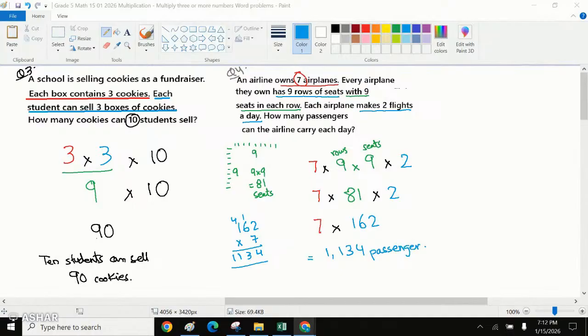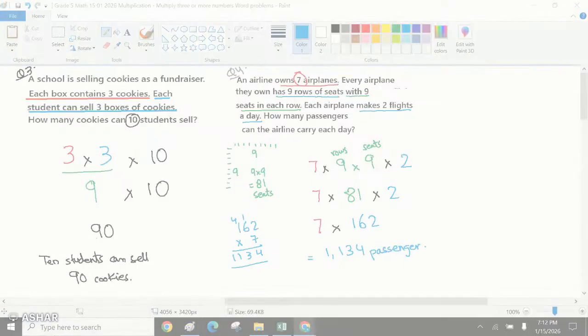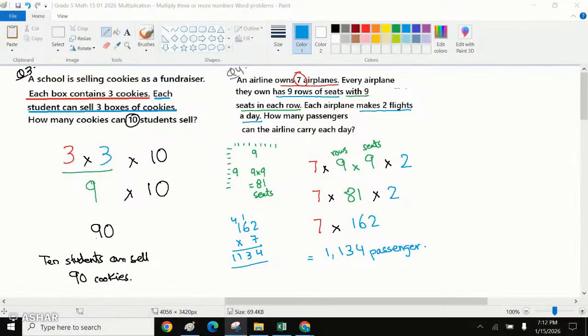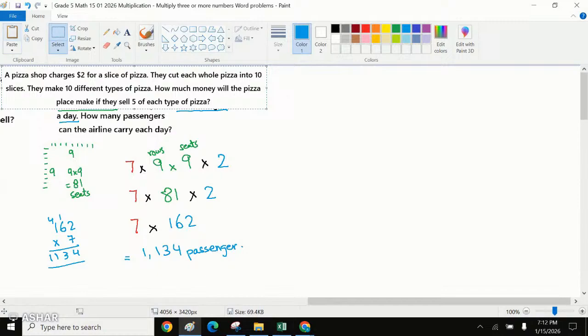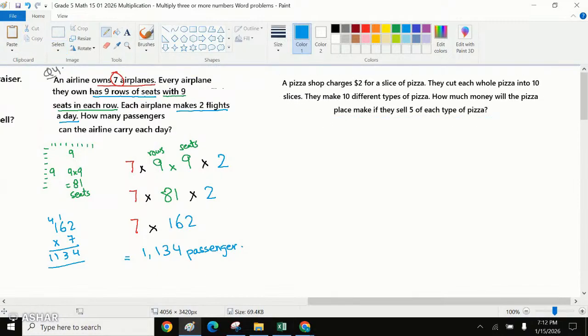The next question says, a pizza shop charges $2 per slice. Okay, let me just put the question on the screen. Okay. And what they're saying is, for this question, a pizza shop, question number 5, charges $2 per slice.